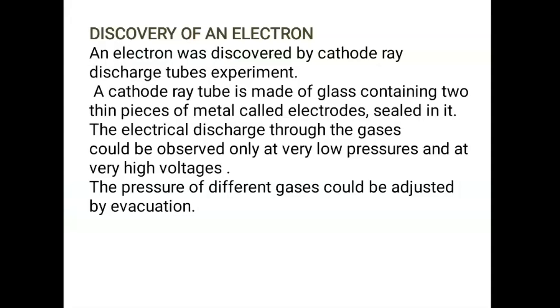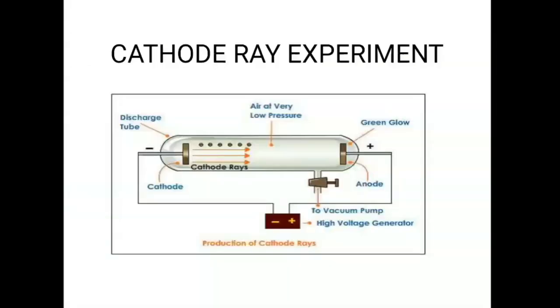These electrodes were further connected to a source of high voltage, that is high tension battery or induction coil. Now the tube had a side extension, a side tube. That side tube is connected to the vacuum pump.